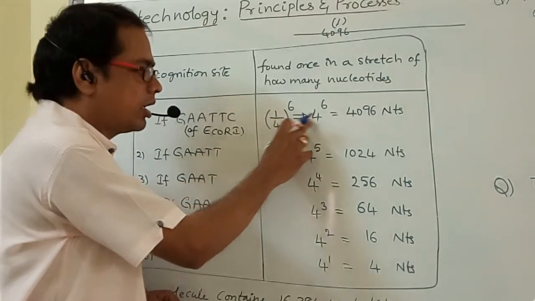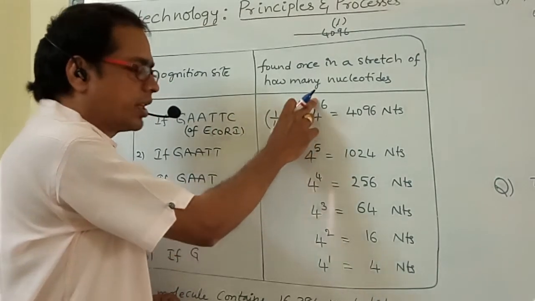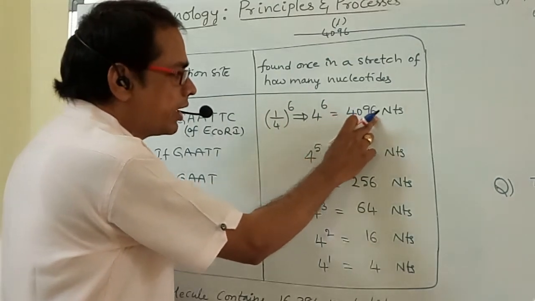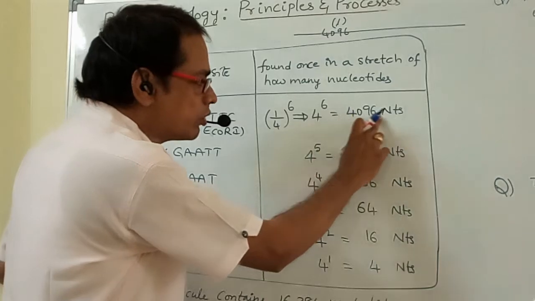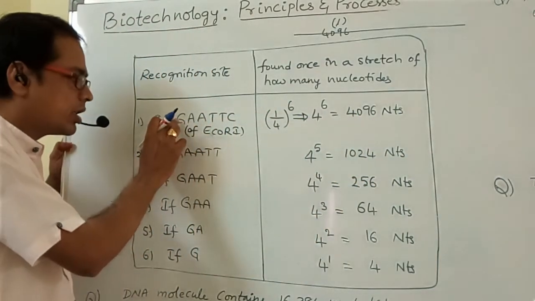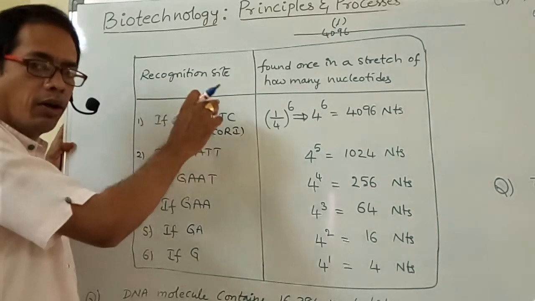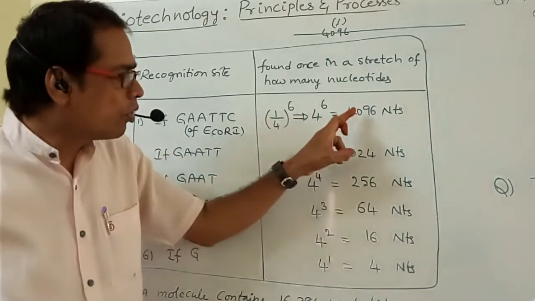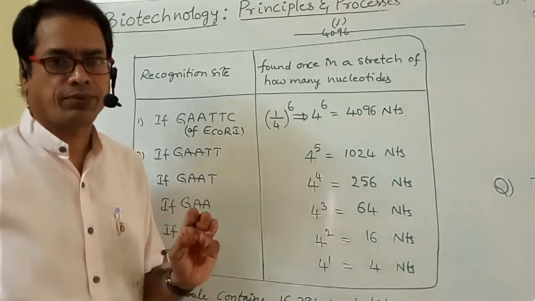So that will be represented as 4 power 6, which is 4096. For every 4096 nucleotides, this type of sequence will be found. So GAATTC will be found once in a stretch of 4096 nucleotides.